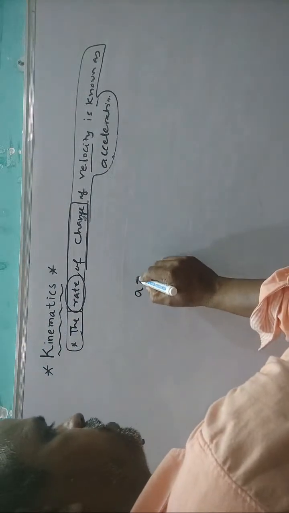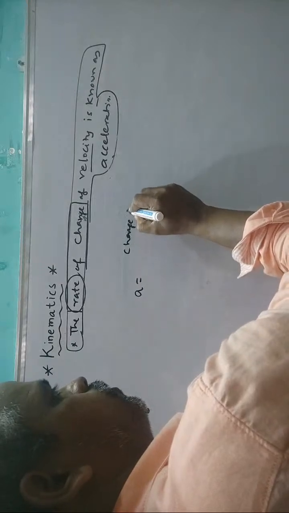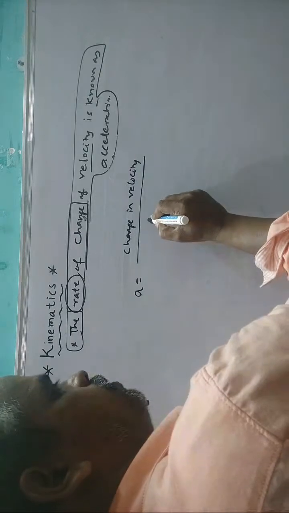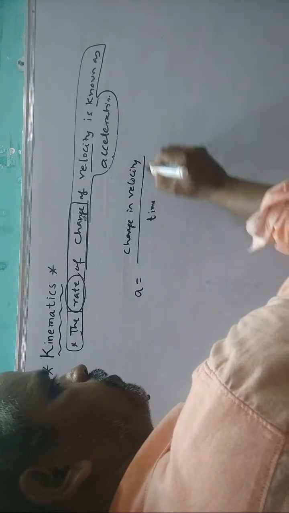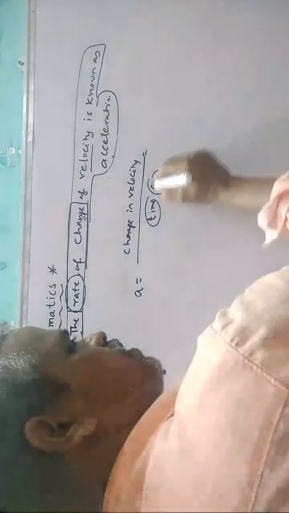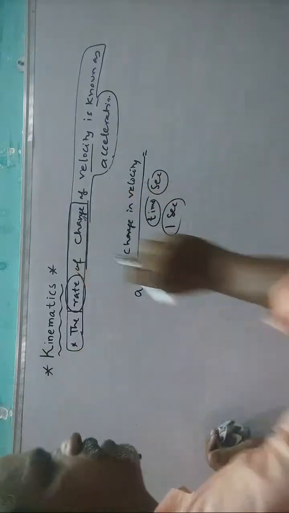So acceleration is nothing but change in velocity by time, per second. In the denominator you should take 1 second while defining acceleration.